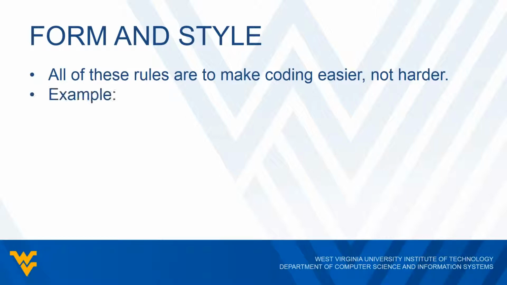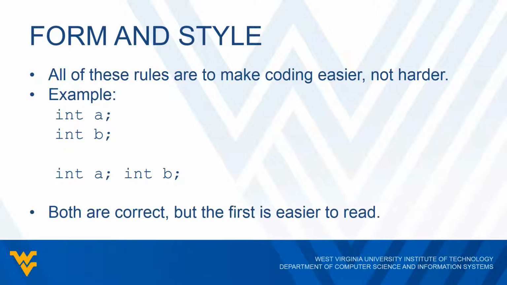So let me give you an example. Let's say I have this line of code. So I have two variables declared on separate lines. Let's say I come up with a different way of handling this. Let's say I do something like this, where I do int a and int b on the same line. Both of these are correct, but which one's easier to read? Well, the first one.